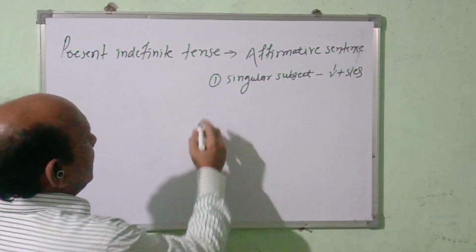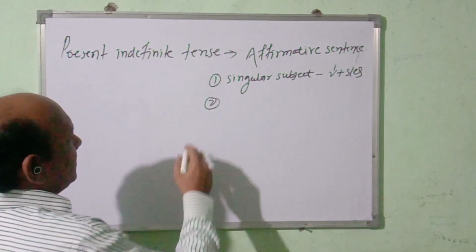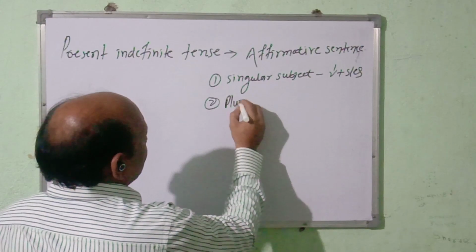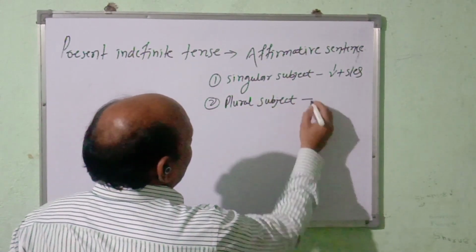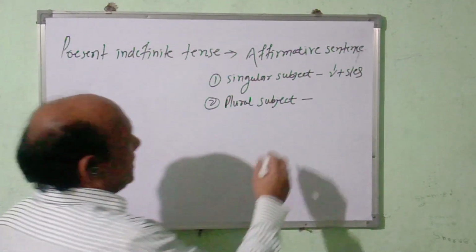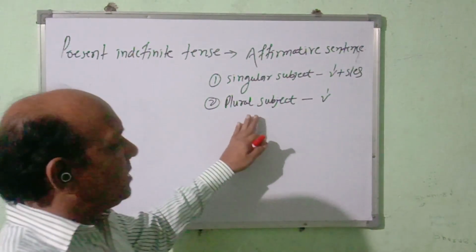Second one is when you are talking about the plural subject in the sentence. At that time we have to use only V1. Okay, that is the structure.